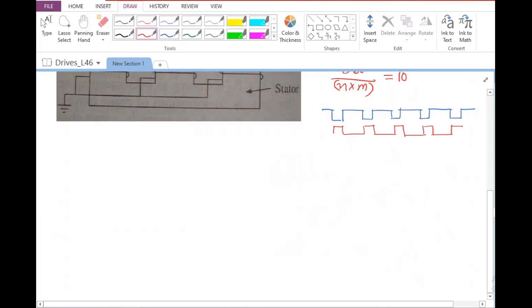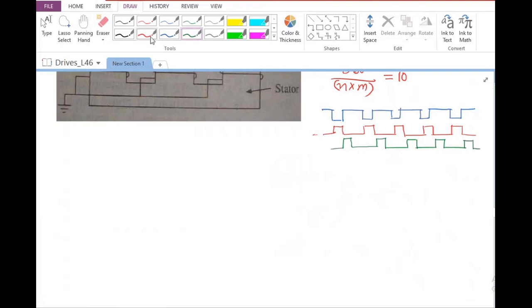Now stack 2 will be staggered from stack 1 by 10 degrees, so I'm going to have stack 2 somewhat like this. All the stacks are connected to the same shaft. And as far as stack 3 is concerned, I'm going to have stack 3 somewhat like this.